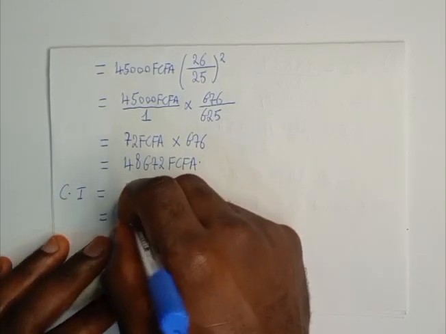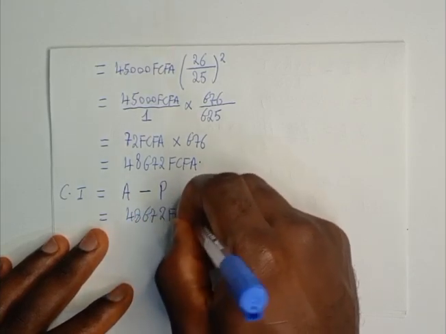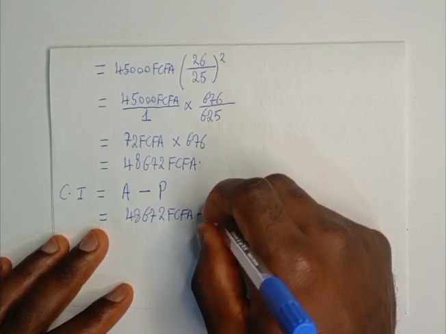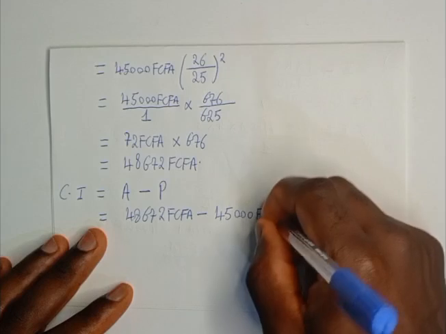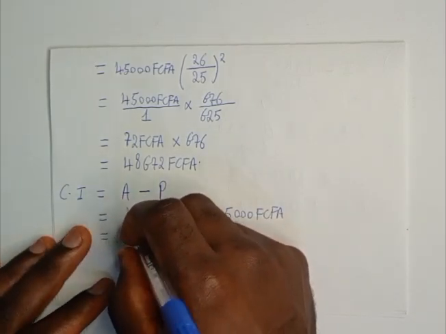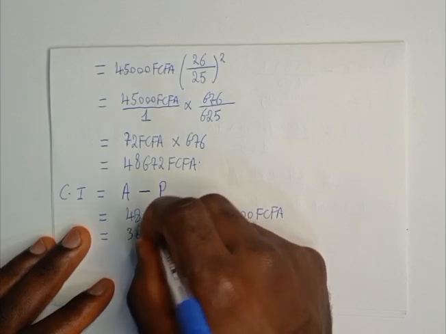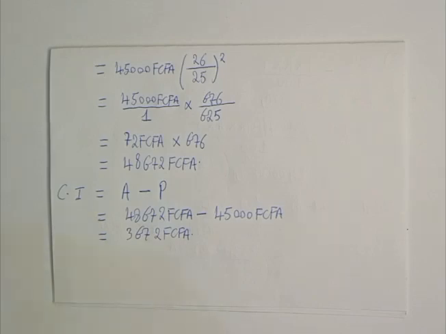This will be equal to 48,672 francs CFA minus the principal which is invested, which is 45,000 francs CFA, and this will simply be equal to 3,672 francs CFA. Gives the same answer. You'll see that if you make use of the tabular method or you make use of the formula method, you will still end up having the same results.